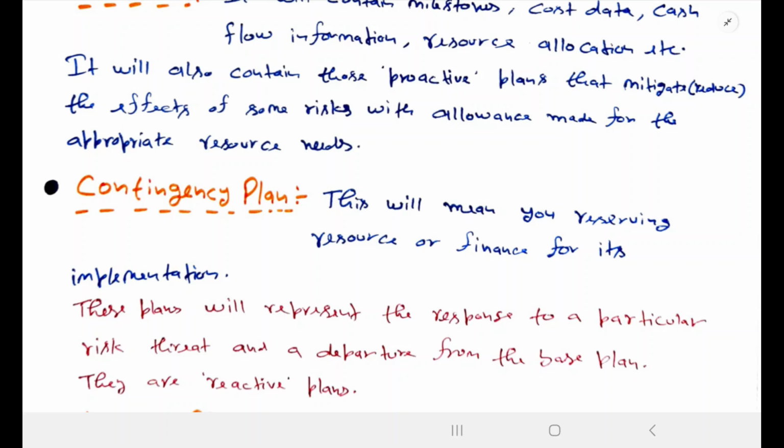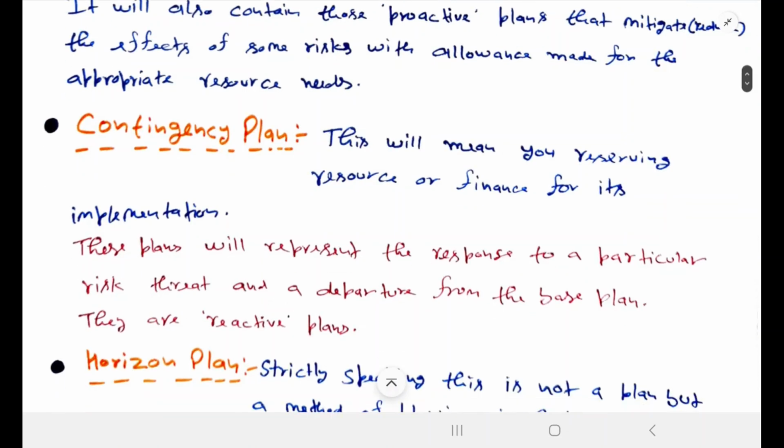This contingency plan reserves these particular assets for you and your team to move further with the project. These plans represent the response to a particular risk threat and a departure from the base plan. They are reactive plans. It means here the actual work will move.